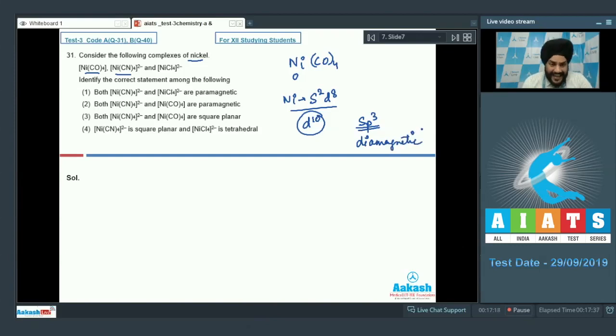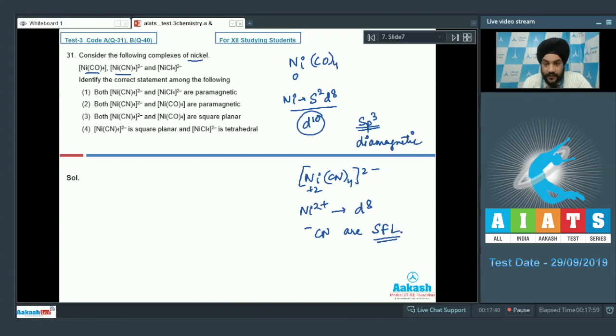Okay. If you look at the second complex now, [Ni(CN)4]2-. So in [Ni(CN)4]2-, we have nickel in a state of +2. So Ni2+ has a d8 configuration. And if we talk about the cyanide ions, they are strong field ligands. So we can call them SFL, which stands for strong field ligand. So strong field ligand will cause pairing. Okay.